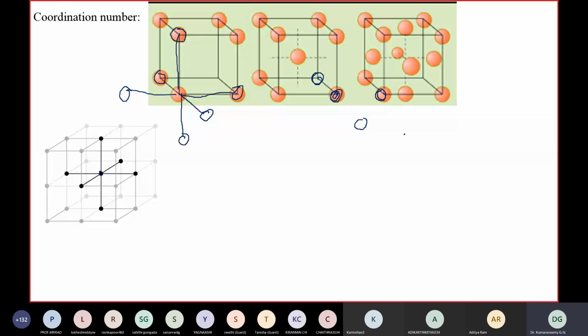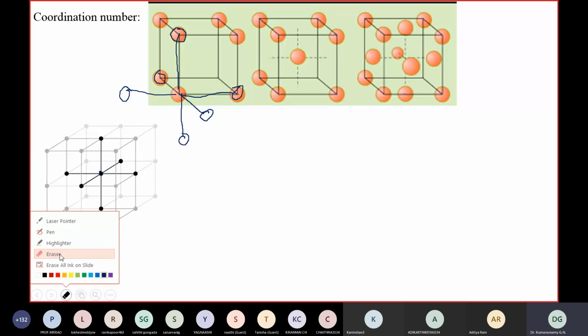Just a minute, I'll tell you. If you consider this same atom, in this unit cell we have this atom, number 1. In the neighboring unit cell, there is one body-centered atom, number 2. Below this, there is one atom.